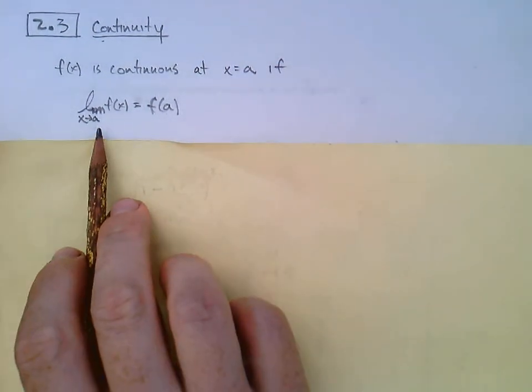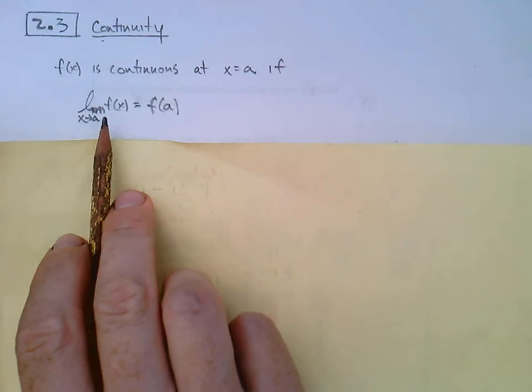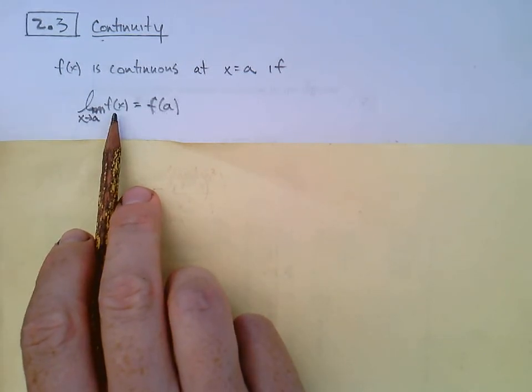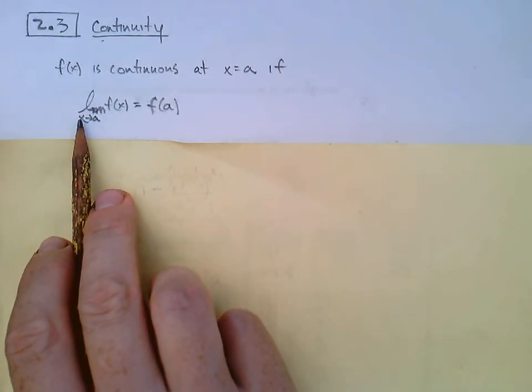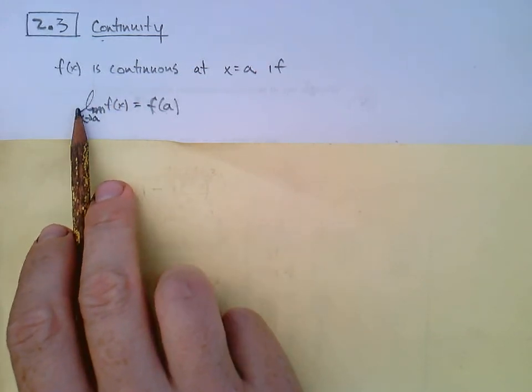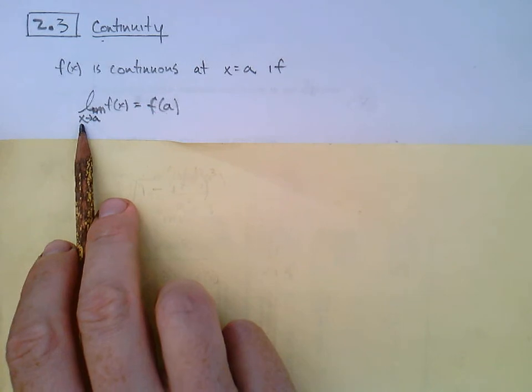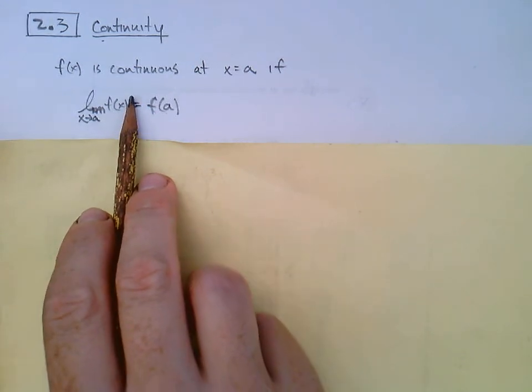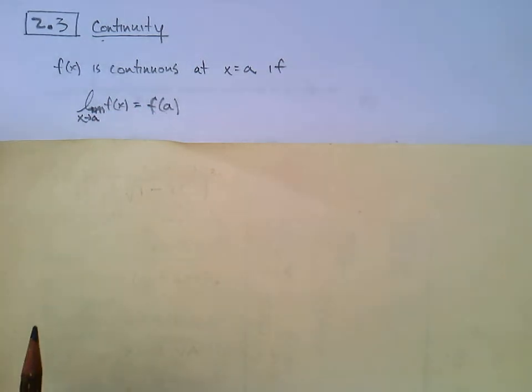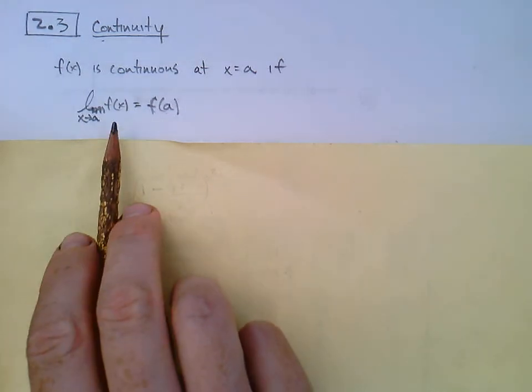And if you remember, what is a limit all about? This is the y value that we are approaching as x approaches a. It does not matter what happens when you actually get there. As x approaches a, what value does the function approach, or what value does the y value approach?